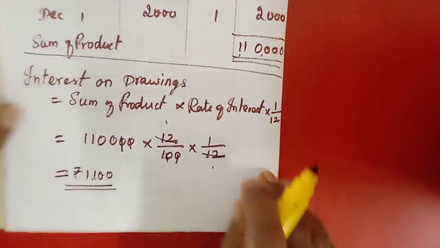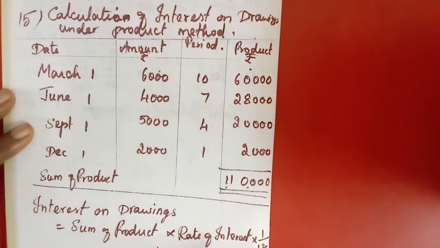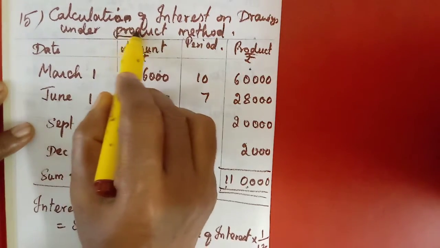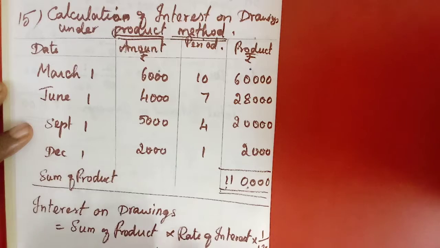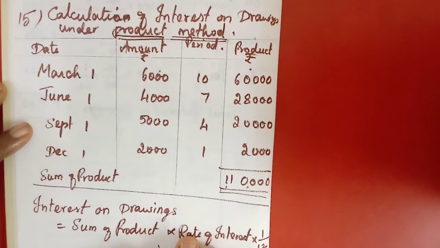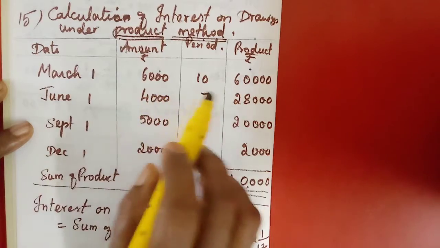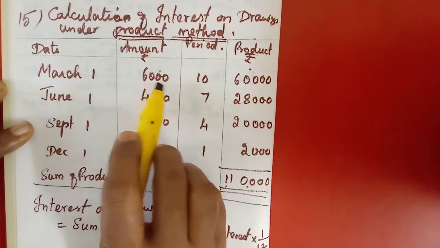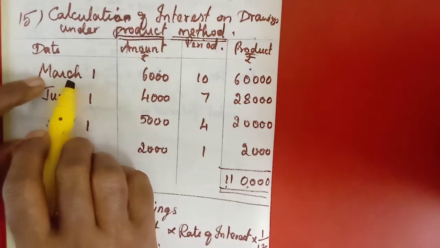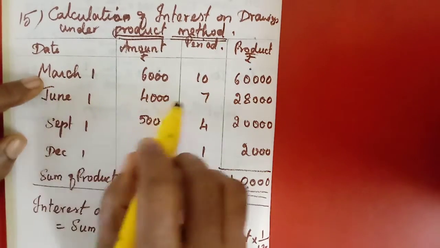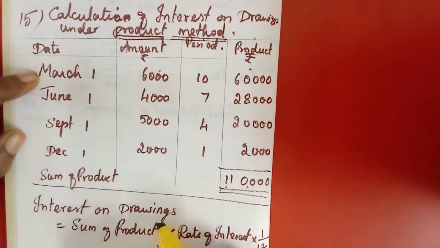Understood, students? Once again, I will explain this. Calculation of interest on drawings under the product method. You should be very careful which method they have asked. If it is the direct method, nothing to worry about. As we did yesterday, for each day he has withdrawn, we need to calculate the number of days and months.